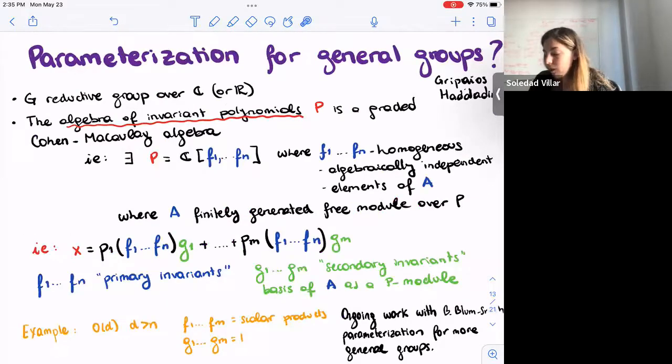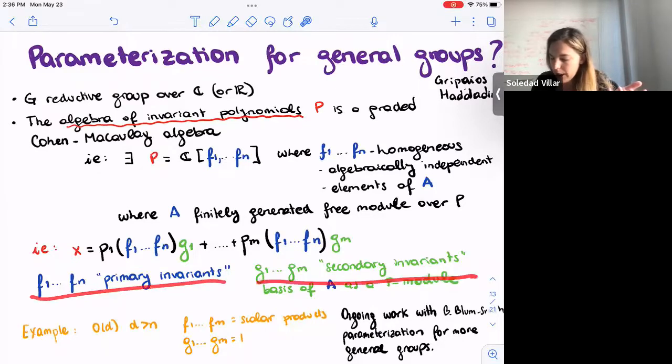So why does this work? Well, this is just a particular case of a more general algebraic property: if we have a reductive group over C or R, the algebra of invariant polynomials can be written in terms of what are called the primary invariants and secondary invariants.